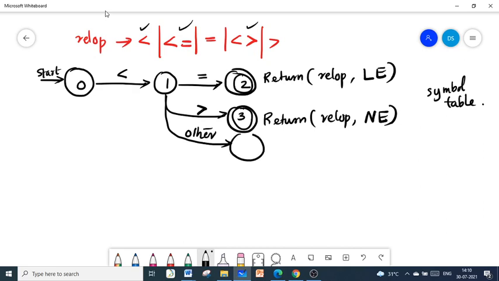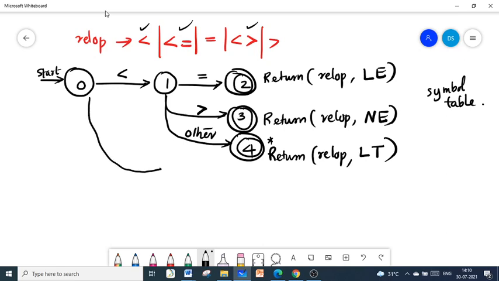So I have already discussed a character like this, so it will return relop less than. Okay, so like this we can complete equal to. So using one state only, here we can write like this, return relop equal to.